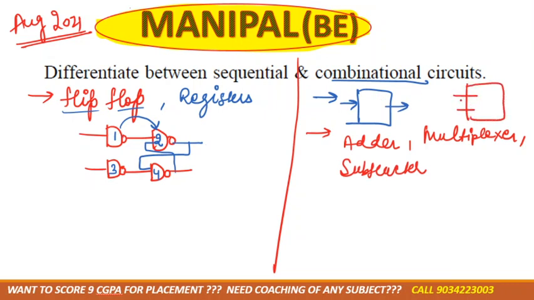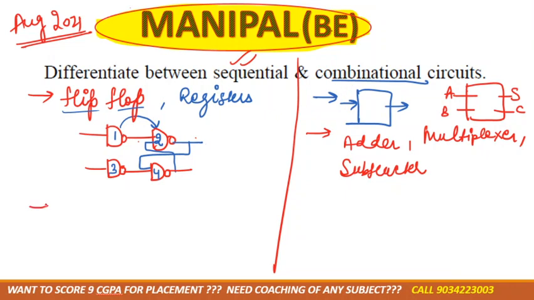Suppose we have a half adder with inputs A, B, and then accordingly we have outputs sum and carry. Sum and carry were not the next input of anything, right? So that is combinational. If it is in sequence, then it is known as a sequential circuit. If it is not in sequence, then it is the combinational circuit.